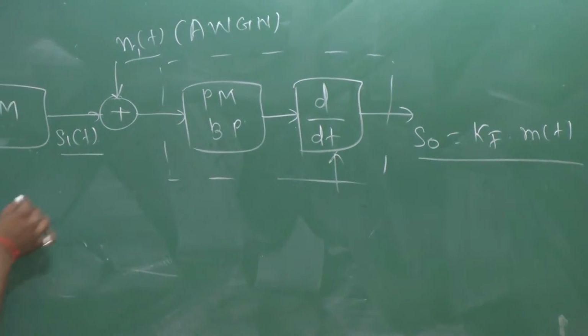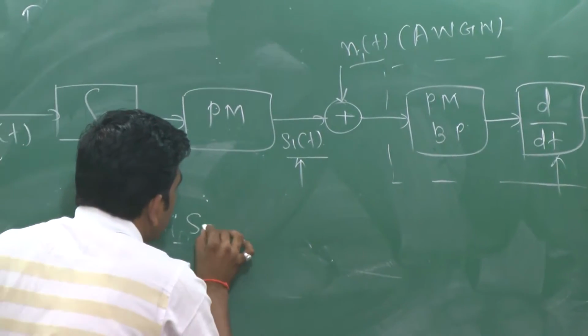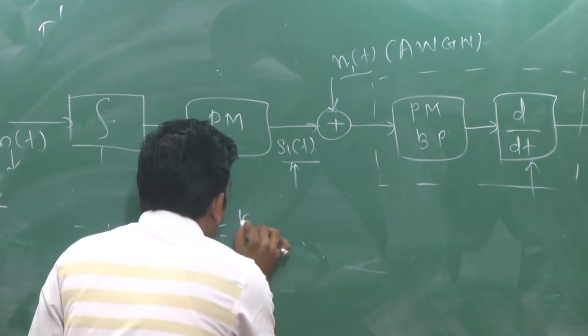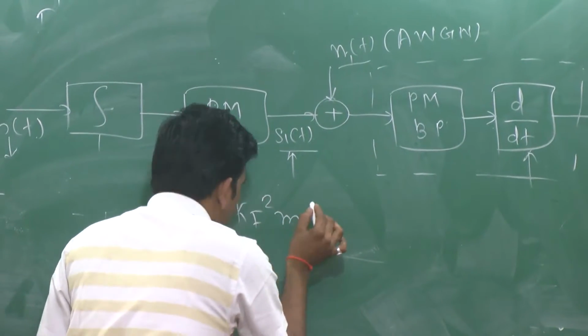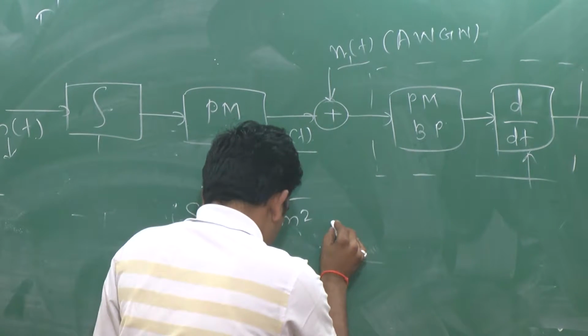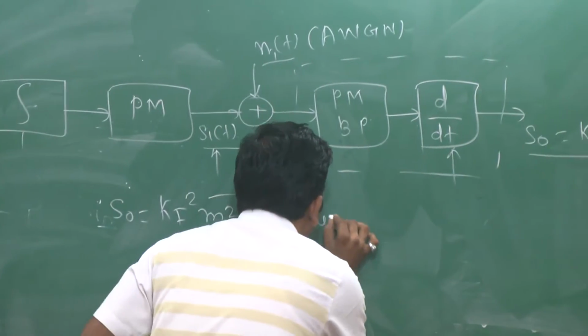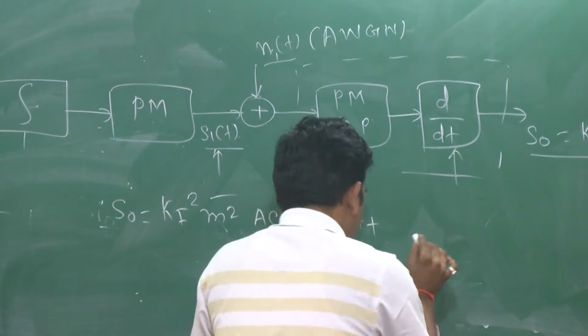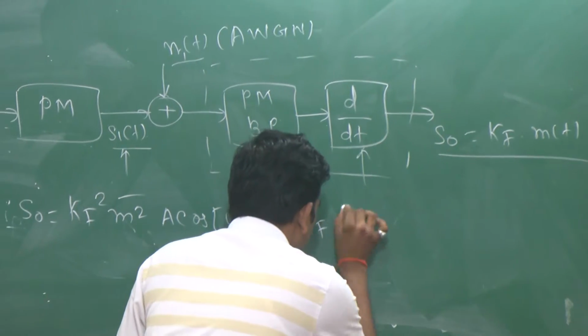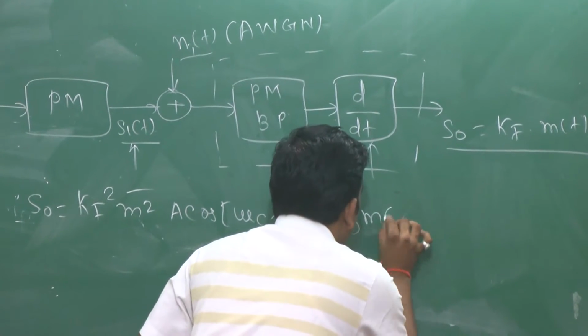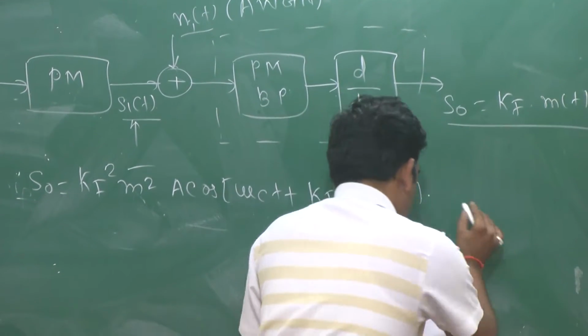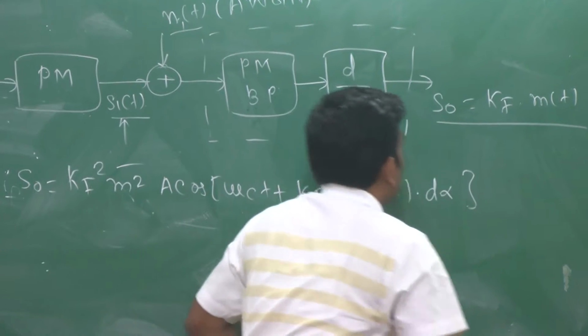So here we will get S0 equal to Kf square m square bar into A cos of omega ct plus Kf integration of m alpha d alpha.